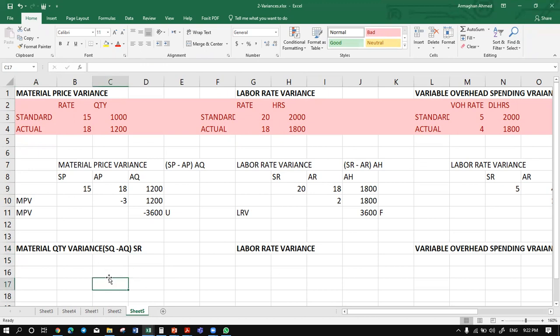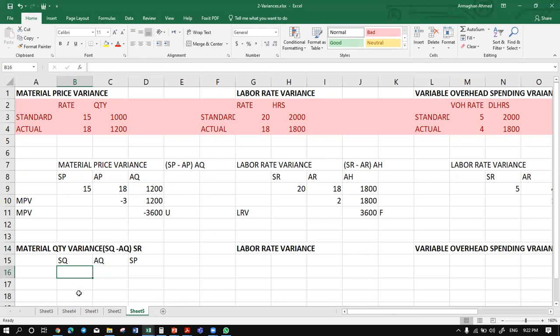Easy thing to remember. So I will use standard quantity, actual quantity, and standard price, because it is the change in quantity, standard minus actual, into standard rate or standard price, same thing.